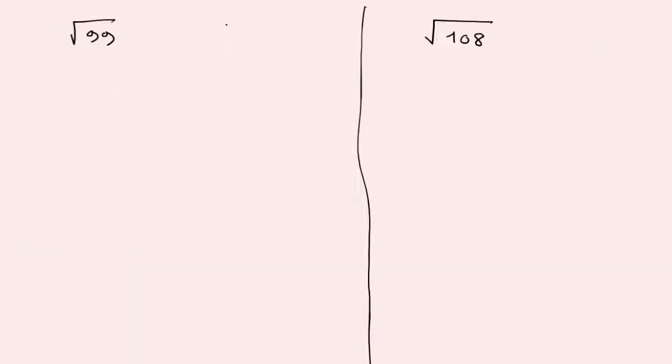So the factors of 99 are 1, 3, 9, 11, 33, and 99. Now the largest perfect square we have here, 33 is not a perfect square, 11 is not, 9 is the largest perfect square. So we can rewrite this as 9 multiplied by, we have to multiply 9 by 11 to get 99.